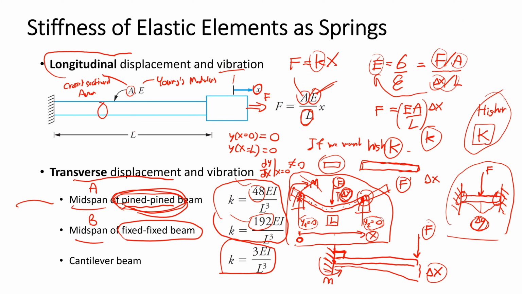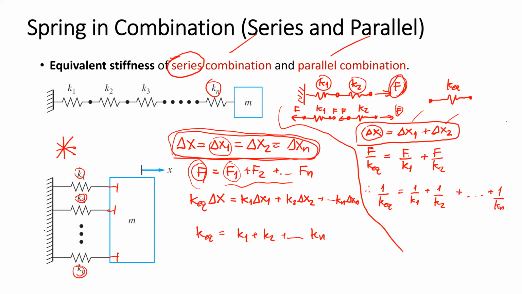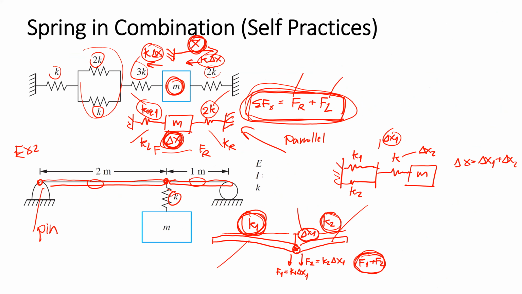And when we apply the force for the cantilever, the support is the cantilever. But in this case, the support is the pin. But you apply the force at the end point, here also the pin, because it can support the position, but cannot guarantee the zero deflection at the contact point. So it's pin support.